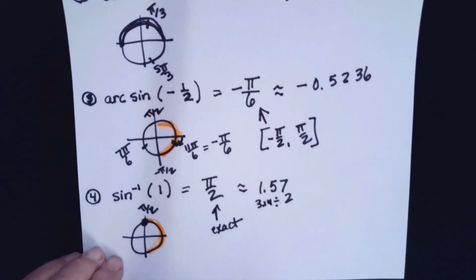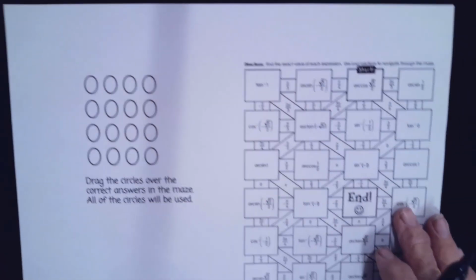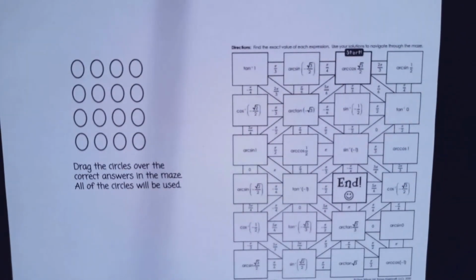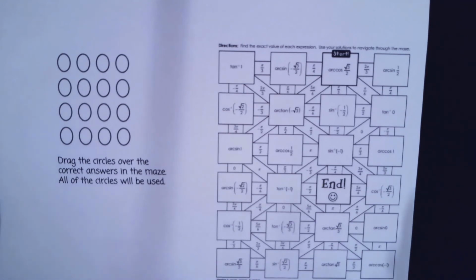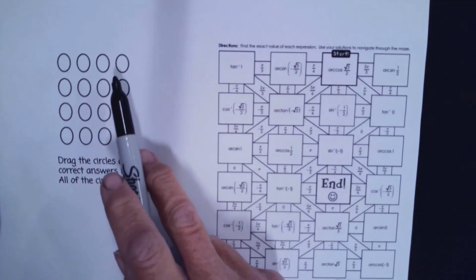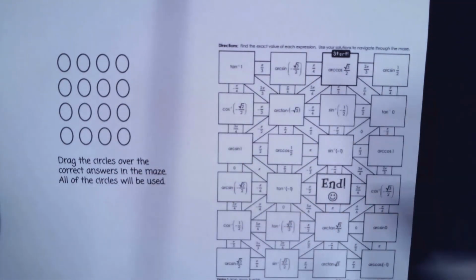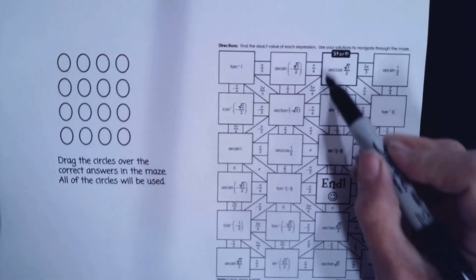Your homework then is going to be a maze. And here's what it looks like on Google Classroom. You are going to take and drag the circle over to the problem. So here we'll start right here.